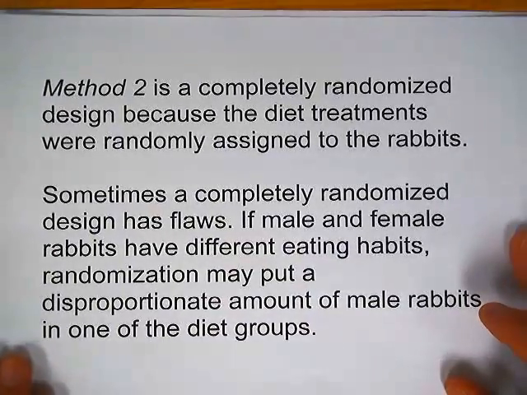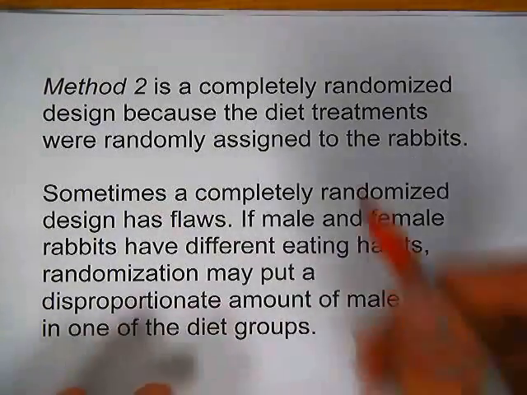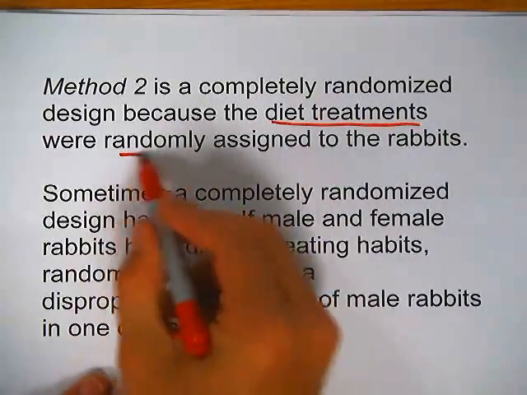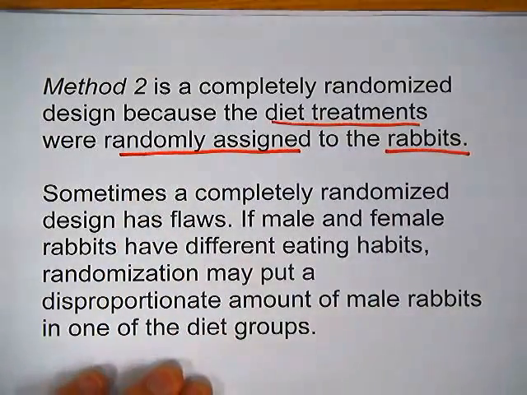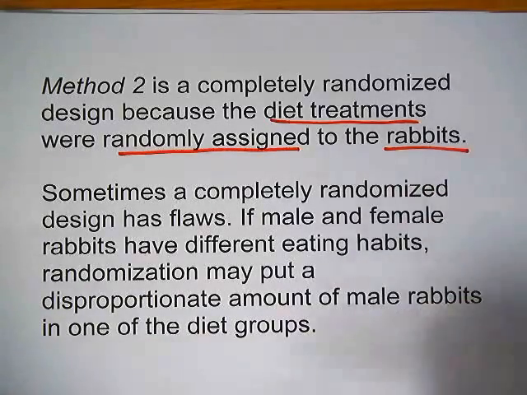What I would argue is yes, method 2 is completely randomized because the diet treatments were randomly assigned to the rabbits. We had this completely by chance since we were just generating random numbers. One thing to consider is that sometimes a completely randomized design has flaws.